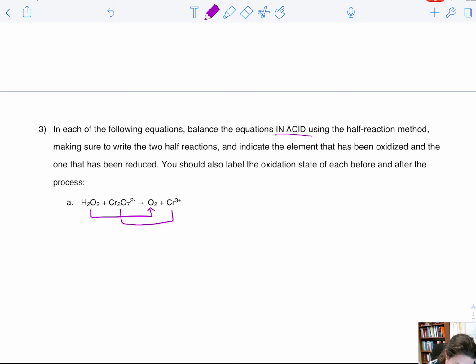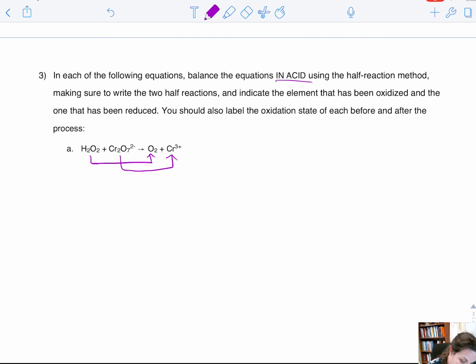And there we have chromium going to another state of chromium. So we have H2O2 going to O2. In H2O2, it is -1. We saw that up in the example above. And in O2, it is 0. So it's going from -1 to 0. So we are losing electrons. So this would be oxidation.